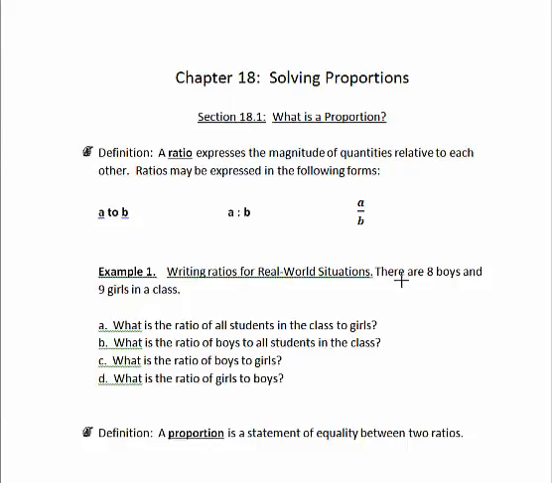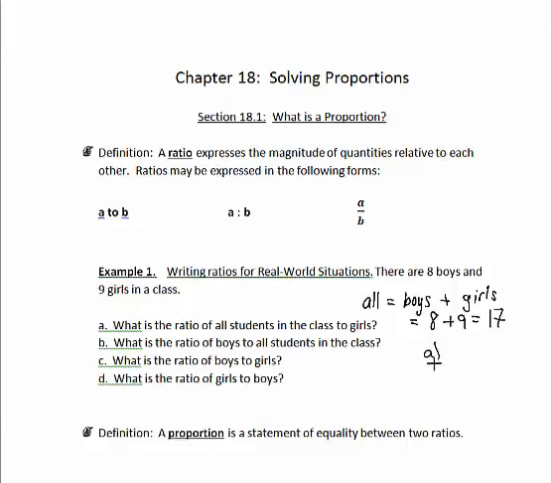All students would be boys plus girls, which, if there are 8 boys and 9 girls, means there's a total of 17 people in the class.